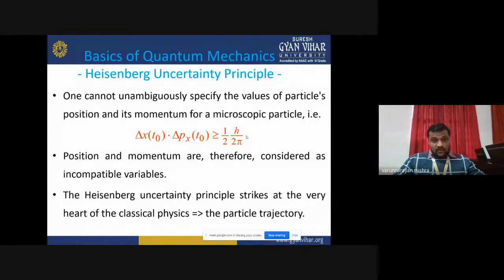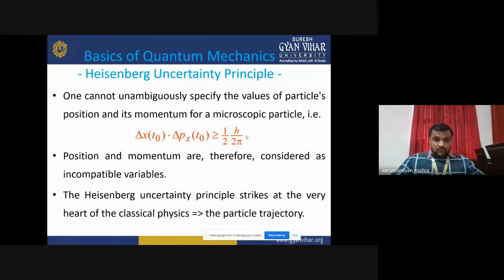It is a basis of quantum mechanics. Heisenberg stated that we cannot specify the value of a particle's position and momentum at the same time. There is uncertainty: we cannot measure the position and momentum of any microscopic particle or atom. That is the very famous Heisenberg uncertainty principle.